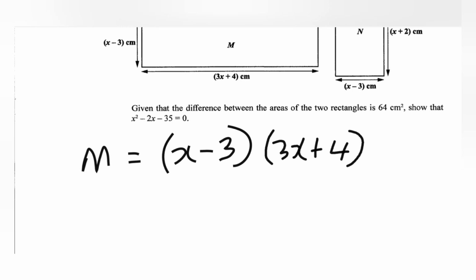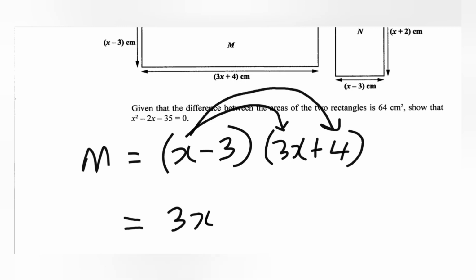We're going to expand the brackets because these are binomials. So we're going to use x to multiply 3x, and we're going to use x to multiply 4. So let us do that first. It's going to be 3x squared, and then x times 4 will give us positive 4x. Then we're going to use minus 3 to multiply 3x and minus 3 to also multiply 4.